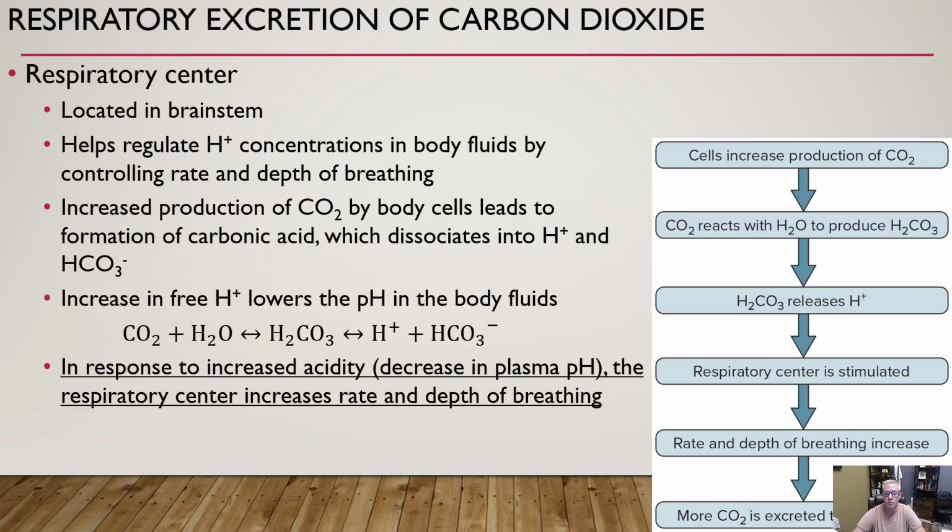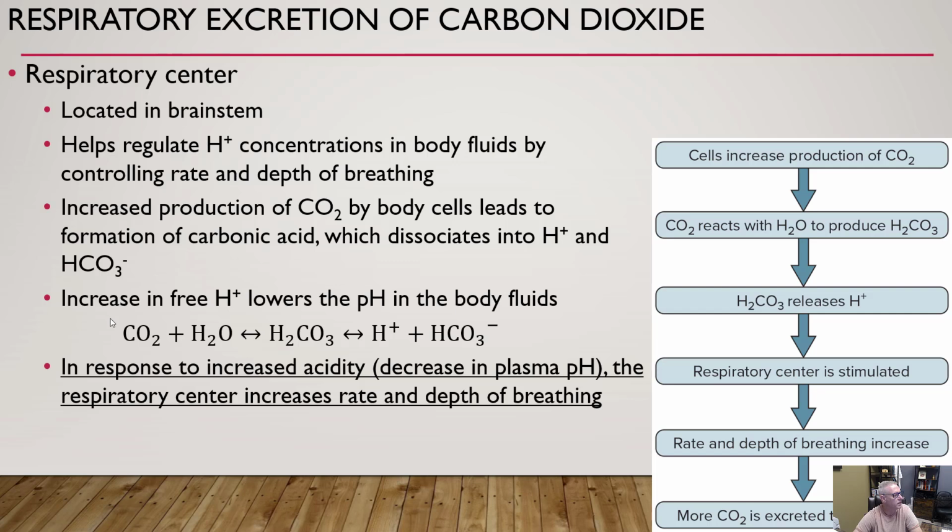So increased production of carbon dioxide by the body cells is going to lead to the formation of carbonic acid. And we learned from that buffer system that carbonic acid is going to dissociate into the hydrogen ion and the bicarb. And we have that equation here.